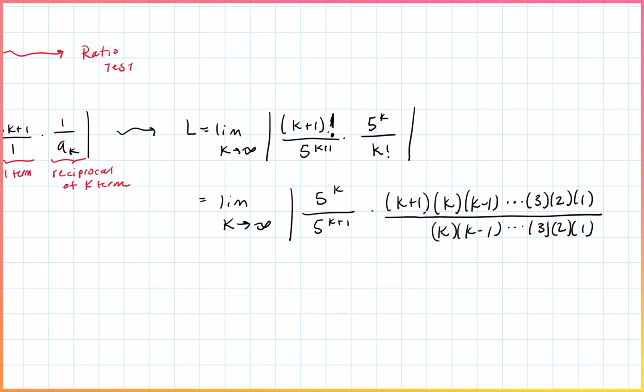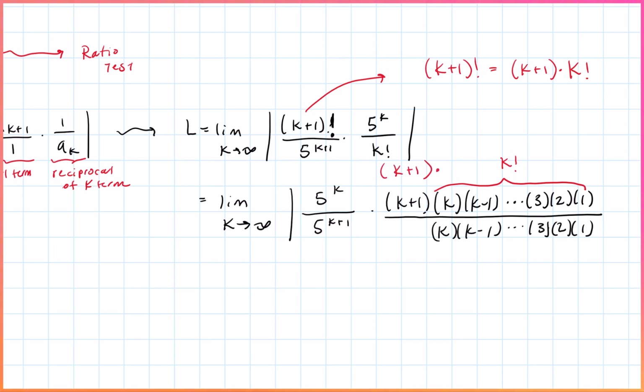Now, there is another way to think of this. When you think of (k+1)!, because of the way factorials work, that is (k+1) times k!. You can see that right here in its expansion. Here is the k!, and here is the k plus 1 factor. So you could absolutely write it that way, and you could see that all of the k! is going to cancel, because you have a k! on the top and a k! on the bottom.